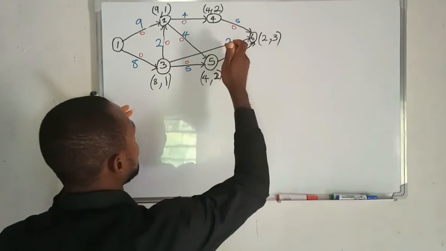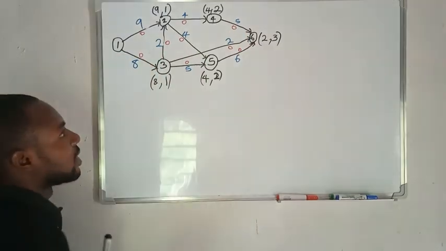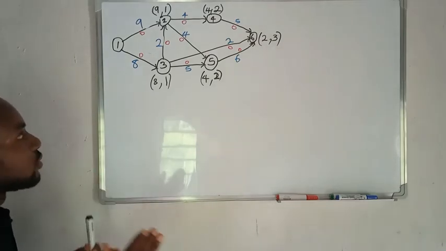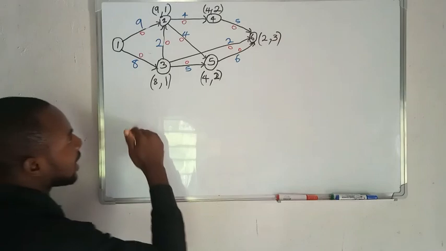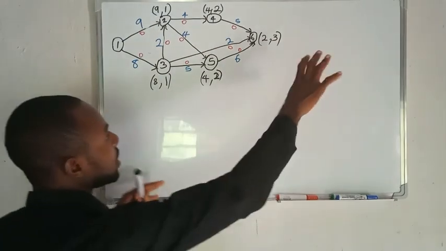And after subtracting from the excess capacity, you add it to the actual capacity. So we are going to be doing that next. But before we do that, I'll pause the video and then draw this diagram again.